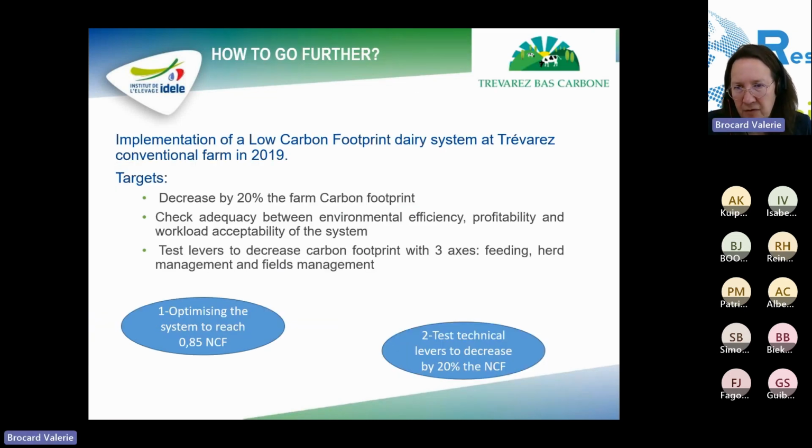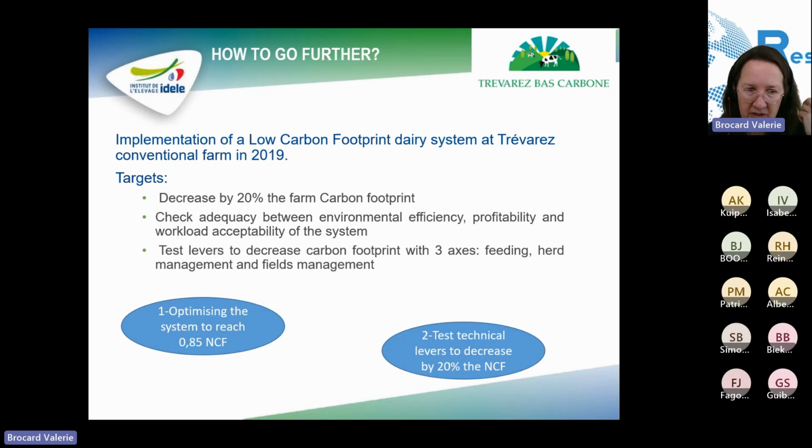So our target for the next experiment was to implement a low carbon footprint dairy system in line with the expectation of the low carbon footprint national scheme, to go on decreasing the carbon footprint and to reach a decrease by 20 extra %, but also to check the adequacy between our environmental efficiency, the profitability for the farmer, and the workload acceptability by the farmer of the system that we would propose.